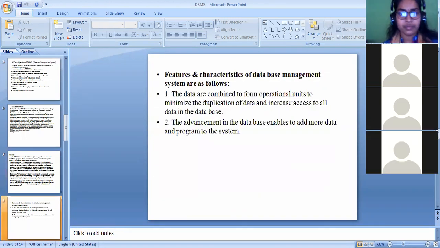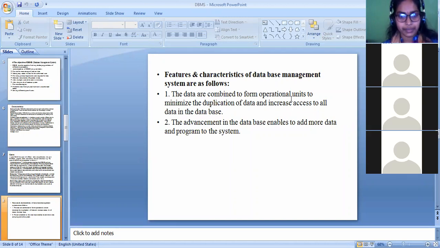Next are the features and characteristics of database management system, which are as follows. The data are combined to form operational units to minimize the duplication of data and increase the access of data in the database.